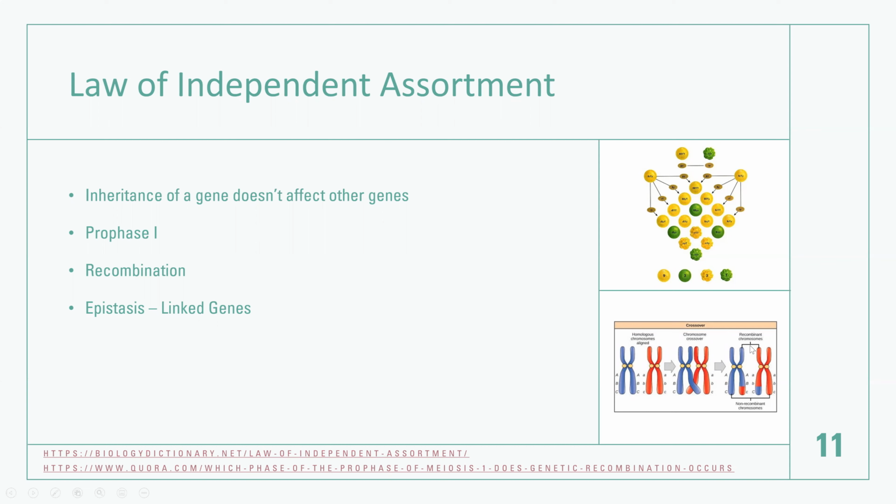You can trade an allele for a gene and inherit stuff from both your parents when you get fertilization. The one thing that we found out later about this rule is that there's a system called epistasis, where genes are actually linked. Some of them are transmitted together, which opposes what Mendel said. And we will get to that on the next slide.